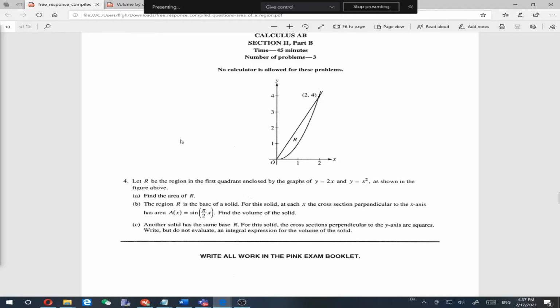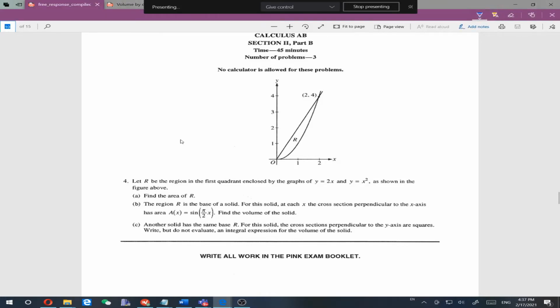So for part A, so I guess we'll write up here. Part A. Integral from 0 to 2, 2x minus x squared in terms of x. Okay, so this is a without-a-calculator problem, so we're going to need to do this by hand. Kyle, I'm going to have you keep going. What happens if I integrate?